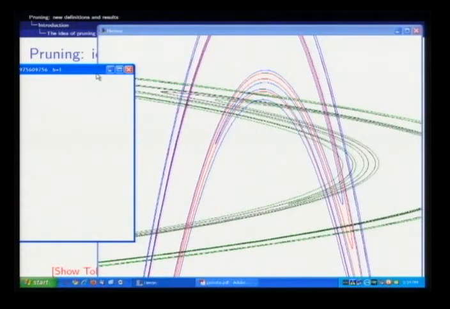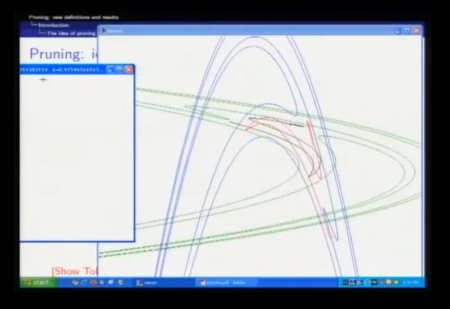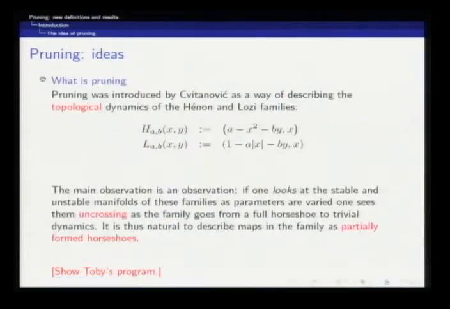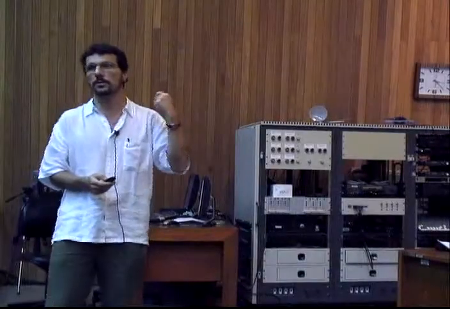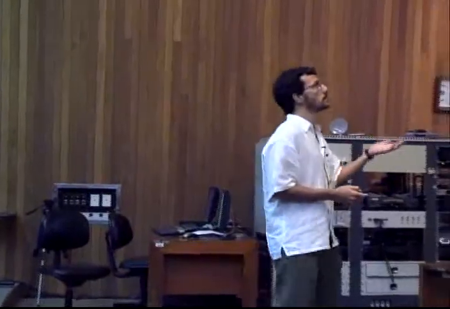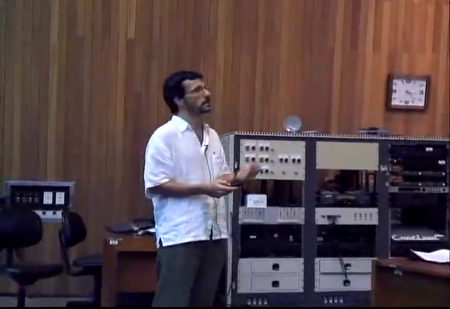So Cvitanović's idea was to say that Henon maps can be described as partially formed horseshoes. And then he proposed, well, clear though these pictures may be, it's not very easy to make this mathematically precise.